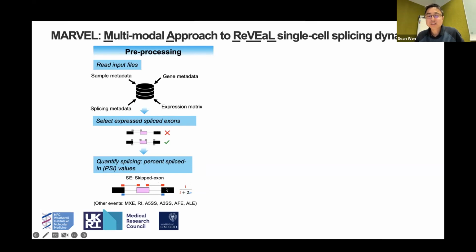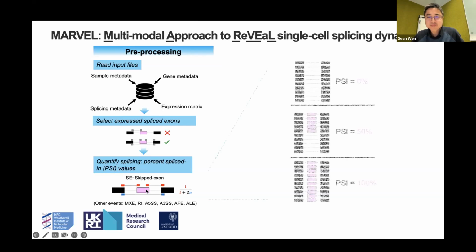So in other words, the percent splice in value represents the percentage of isoform that expresses the pink alternative exon. So what does it mean in terms of a more relevant example? If we have a PSI value of 100%, it means that in that cell, all isoforms express the pink exon.